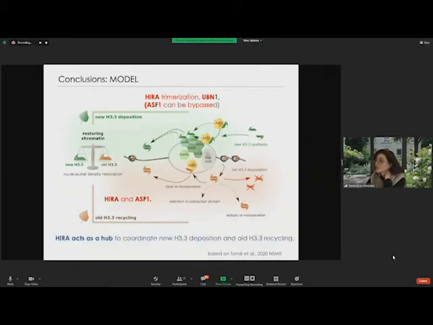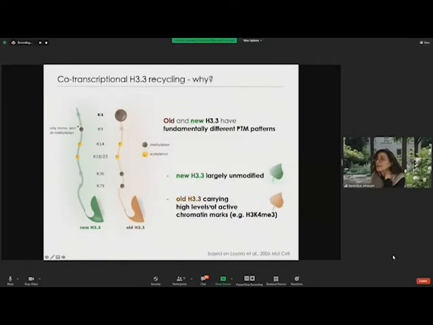And what you can see is certainly that HIRA here can act as a hub to coordinate new H3.3 deposition and old H3.3 recycling. But this is raising a series of questions, because if there's a co-transcriptional H3.3 recycling, why?